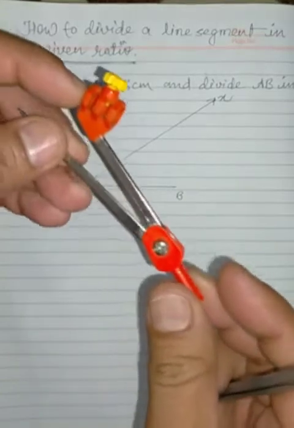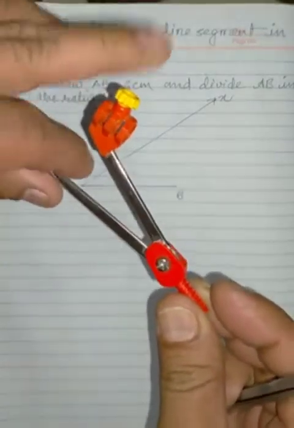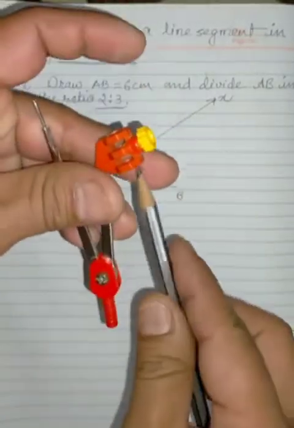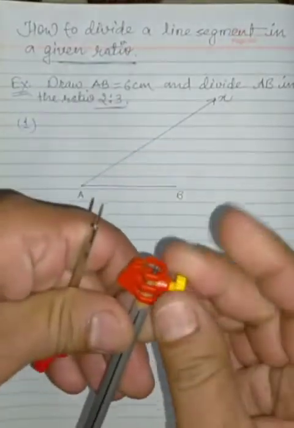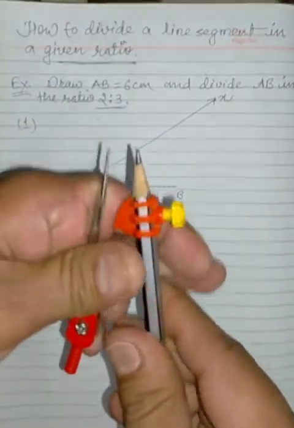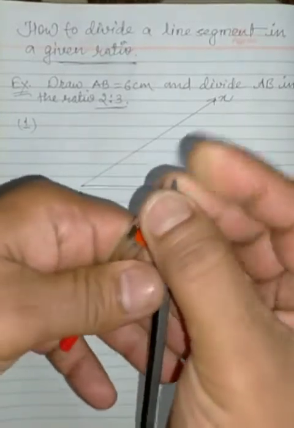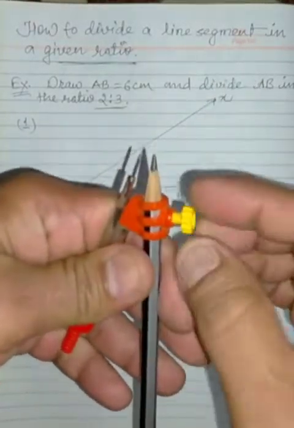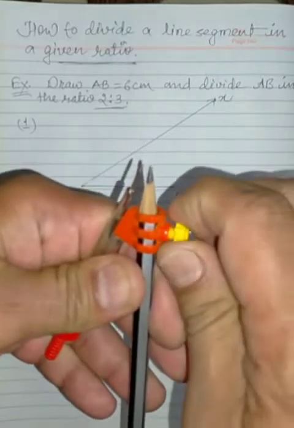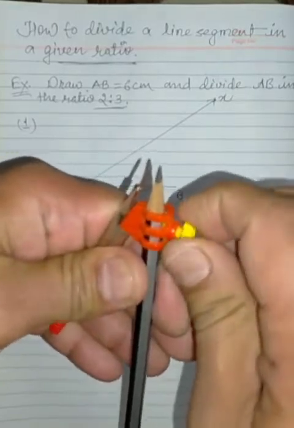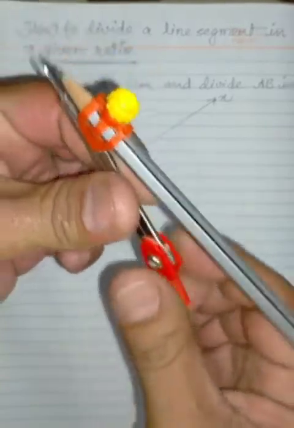Just make sure that this compass is tight enough. Fix the pencil in it, keeping both the points of the pencil and the pin close to each other, and fix it so it does not move.